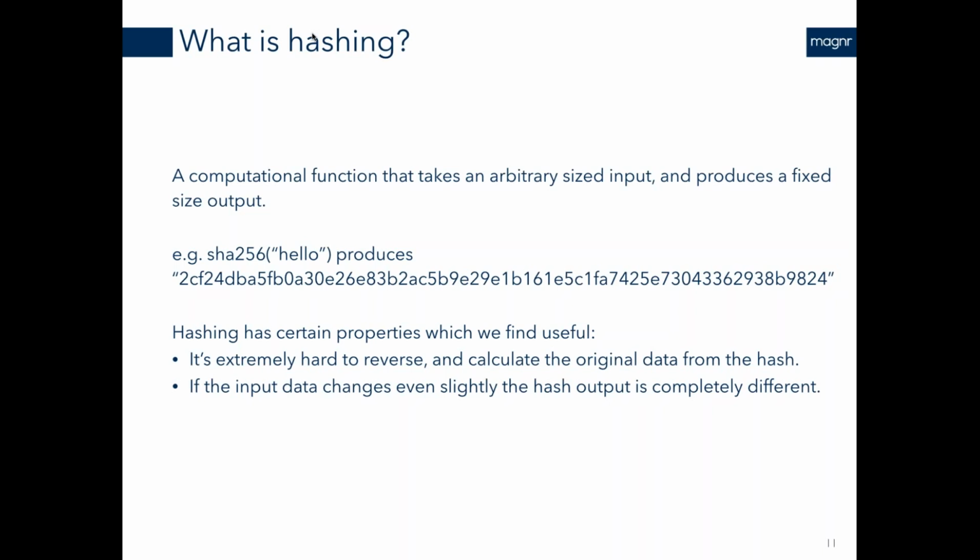You can do it using brute force, it's going to take you a long time, but it's not easily doable. And the second property is that if the input changes ever so slightly, so say we change the input data from hello to hell, the output would change significantly. So there's no relation between the closeness of input data and the closeness of the output hash.